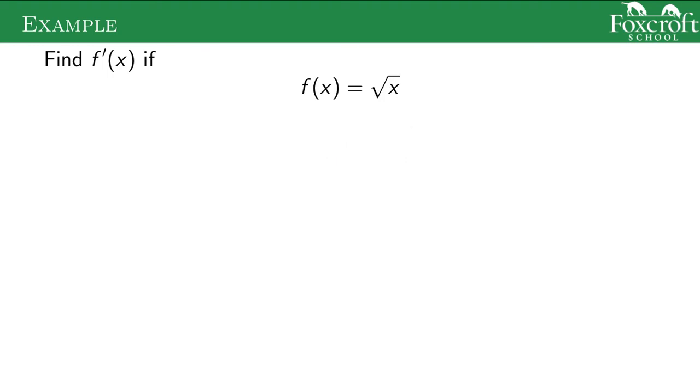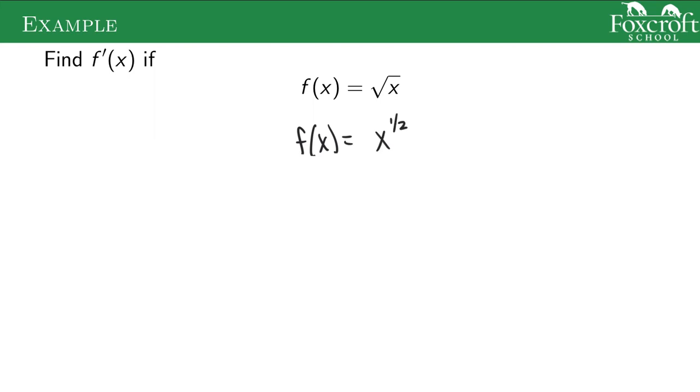All right, and here's where you have to use some other information to help us use the power rule. If you just look at this one, it doesn't look like a function where we can use the power rule. But if I rewrite f of x, the square root of x, we mentioned in the review of logarithms and exponentials, the square root is the same as the 1/2 power.